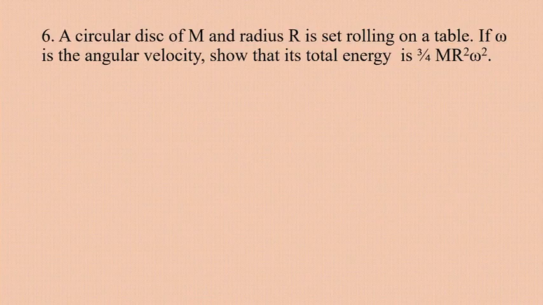Now the sixth one. A circular disk of mass capital M and radius capital R is set rolling on a table.